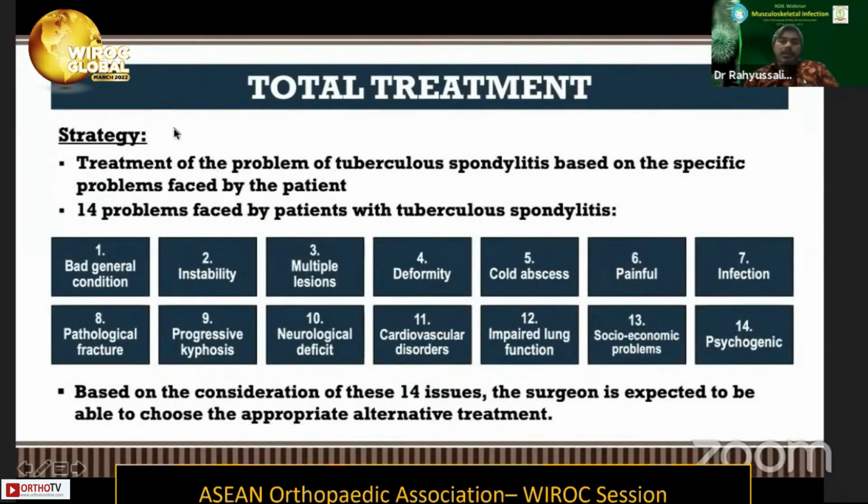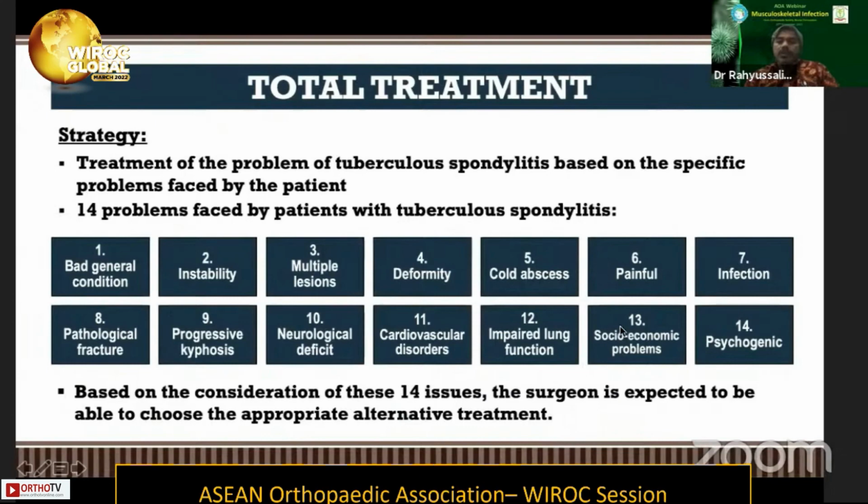What was the strategy? We have 14 problems faced by patients with tuberculous spondylitis that must be identified.